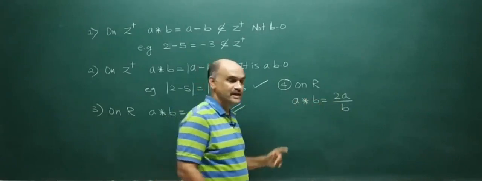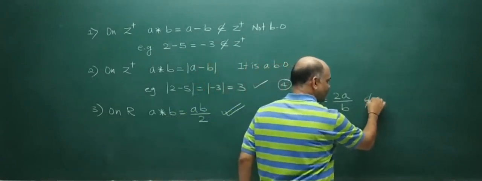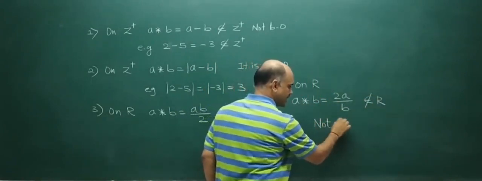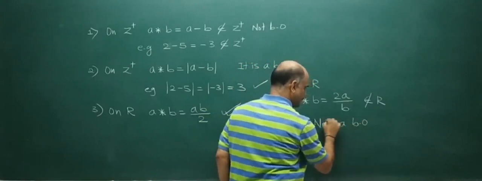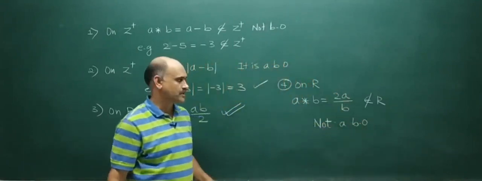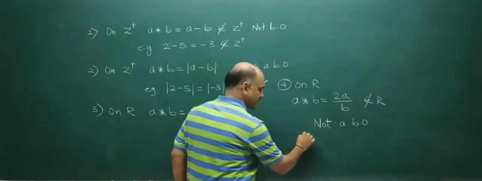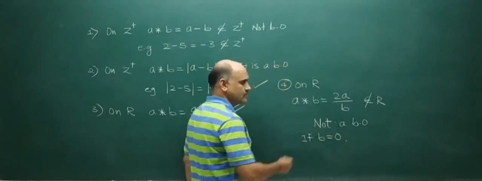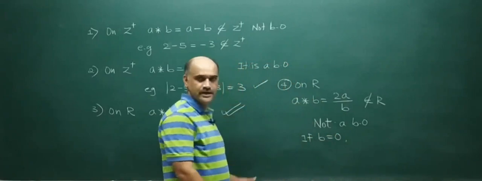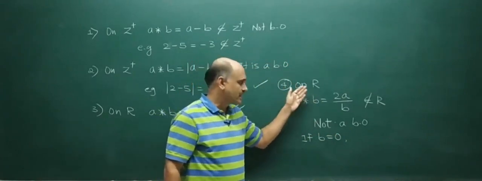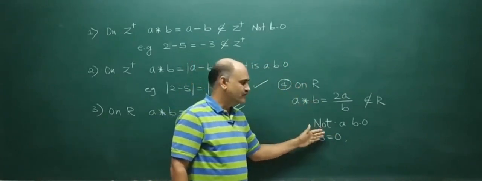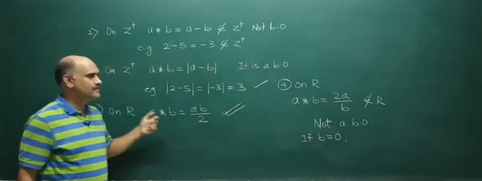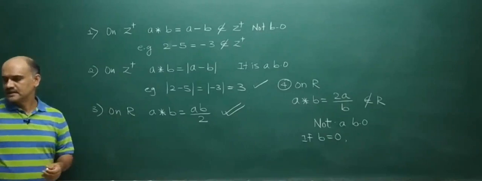Infinity is not a real number, so this does not belong to R, so it is not a binary operation. Example, you may say, if B equal to 0, it becomes infinity, which is not a real number. Such problems he will be asking for 1 marks.